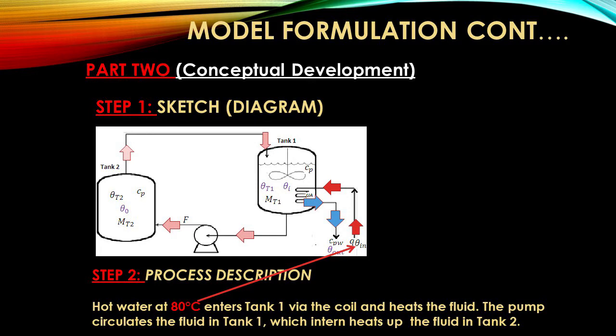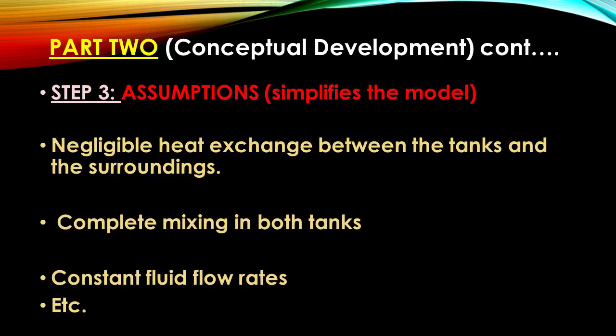And then the product in here is being recirculated by this pump. It's being pumped into this tank, which is being heated up, and then it comes back. So it's a closed loop here. Okay, so that's the process description. And then part 3 is assumptions.